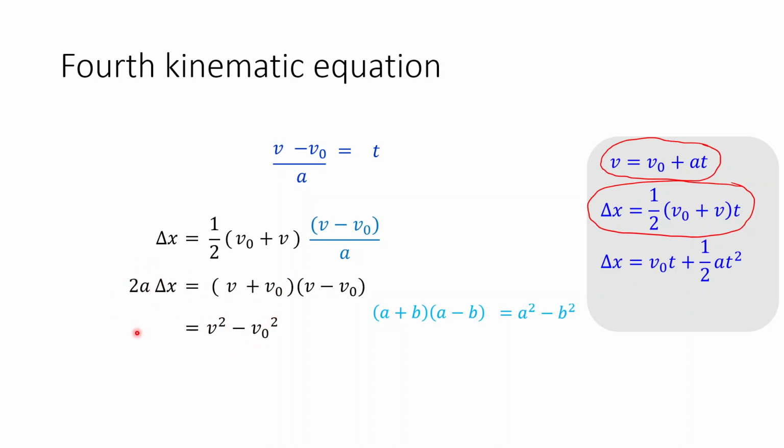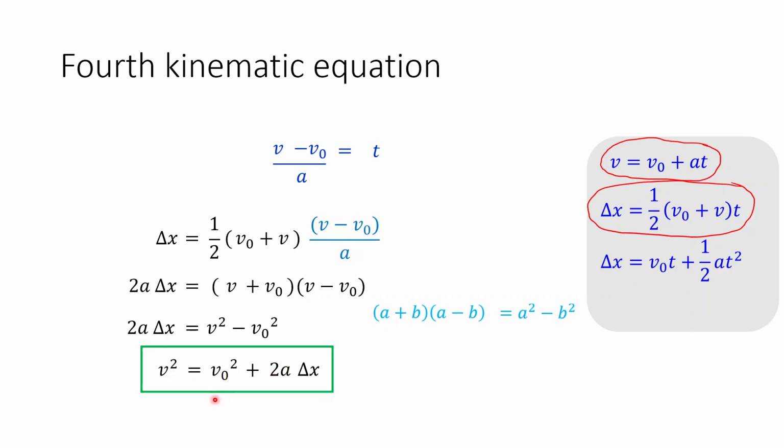At the left hand side, you have 2a delta x. Now solve for v squared. You get v squared is equal to v0 squared plus 2a delta x. This is the fourth kinematic equation. So all the four equations are derived.